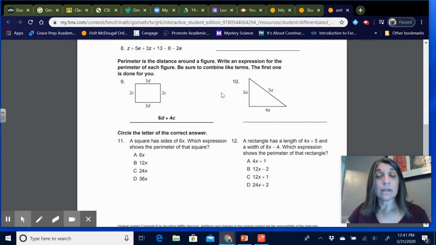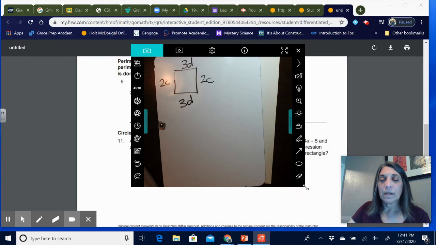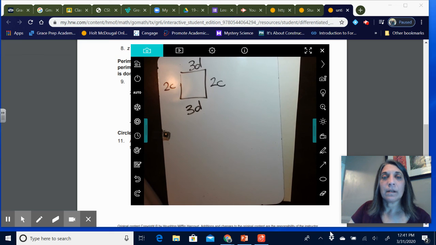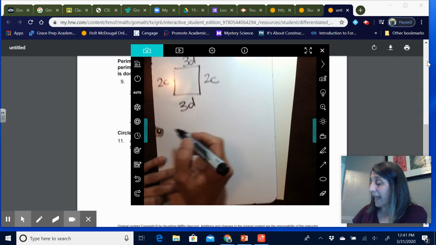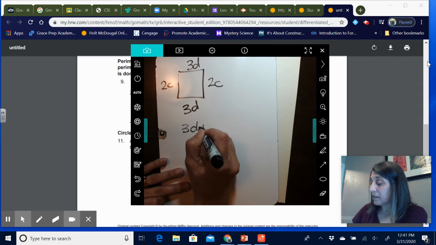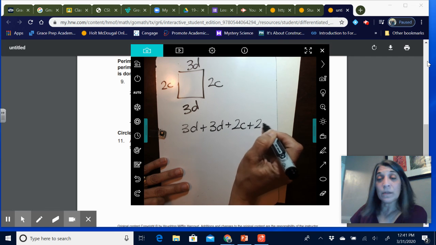Here's my whiteboard. This is the picture of it, and basically the perimeter is you add all the sides. So you're just adding 3D plus 3D plus 2C plus 2C.